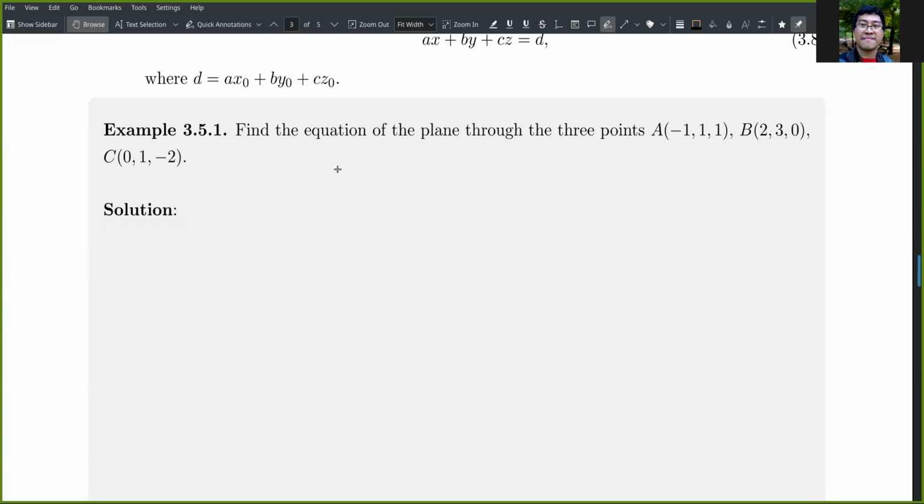So an example, find the equation of the plane through the 3 points A (minus 1, 1, 1), B (2, 3, 0), and C (0, 1, minus 3). So let's introduce a notation first.